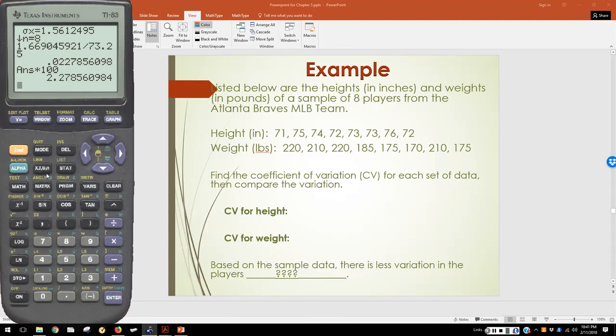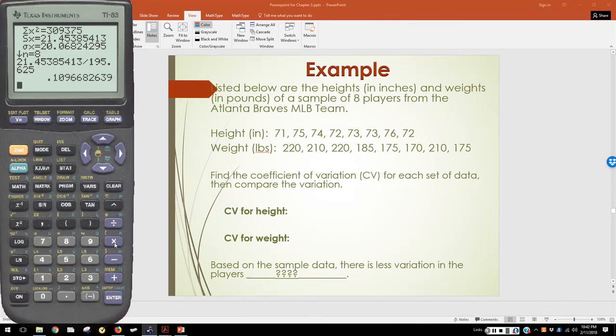Now we're going to do the same thing for their weights. We see the standard deviation of their weights is 21.45385413, divided by the mean of their weights, which is 195.625.